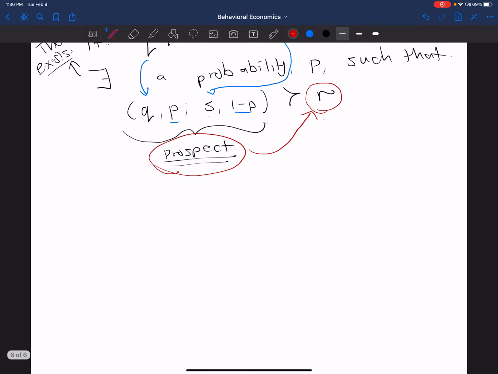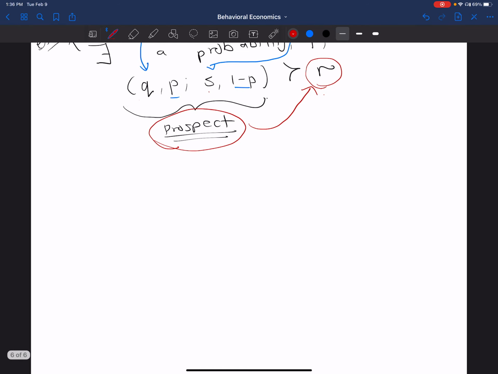Okay, now, that's continuity. There exist probabilities for us to combine different outcomes such that those combined outcomes as a prospect are preferred to some certain other outcome. Now, what do we get with independence?